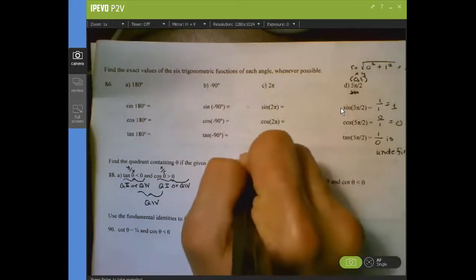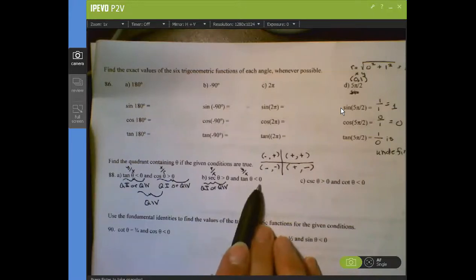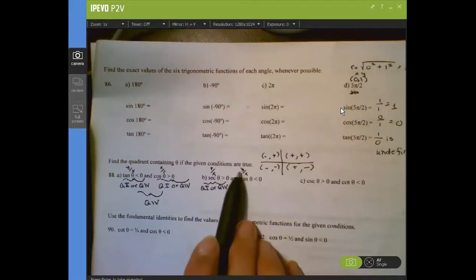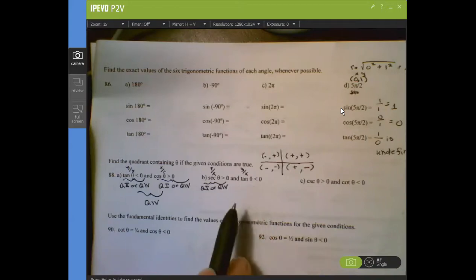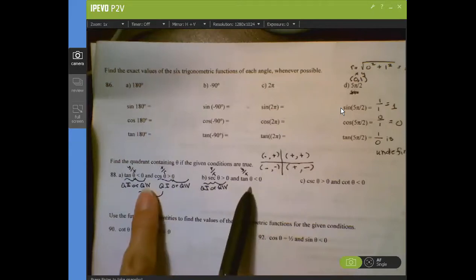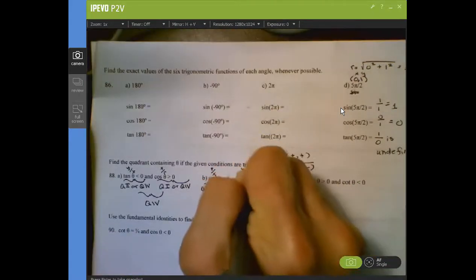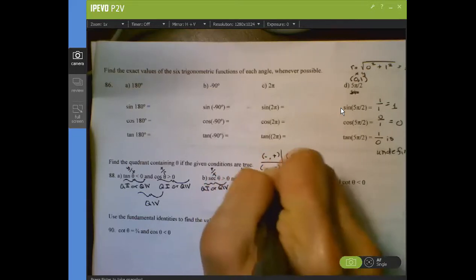Tangent is your y over your x, and we want to know where tangent is negative. Wherever you divide the y by the x and get a negative answer. Well, that's the same as we had here, quadrant 2 or quadrant 4.